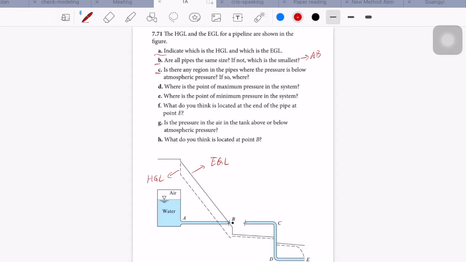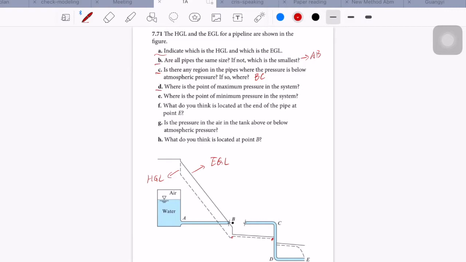If so, where? From the figure we can see the pipe BC. The pressure is below atmospheric pressure, since we can see the HGL from B to C falls below the pipe.